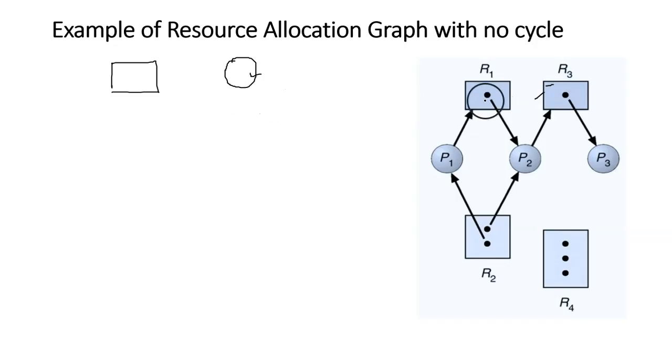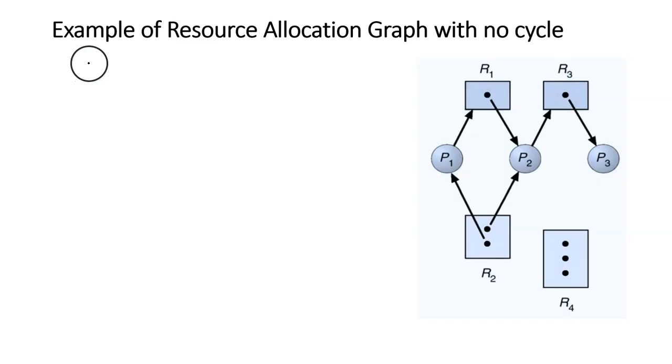Whenever there is only one dot in the rectangle under the resource type, then there is only one instance, and whenever there are two dots, it indicates two instances. Three dots in the rectangle mean three instances.